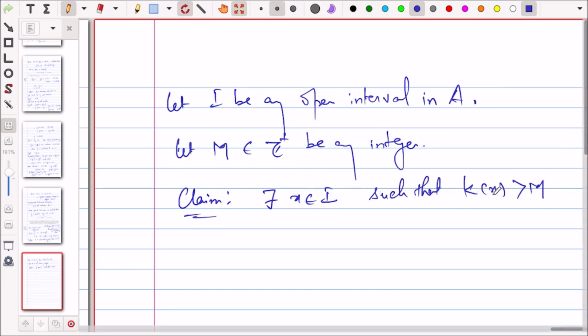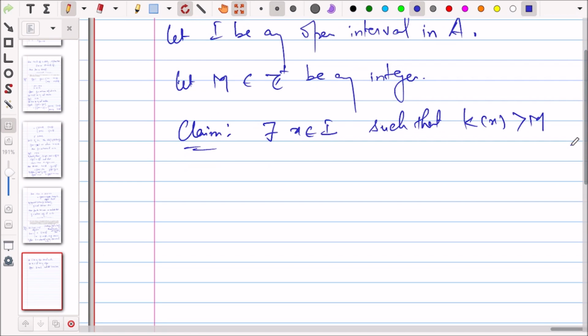This will imply k is unbounded, because if you keep on increasing m, we will always be able to find some x such that k(x) is greater than m. So that means the function is unbounded.